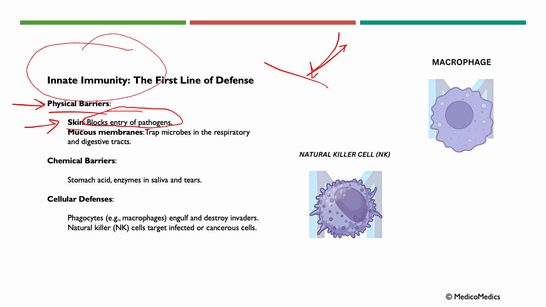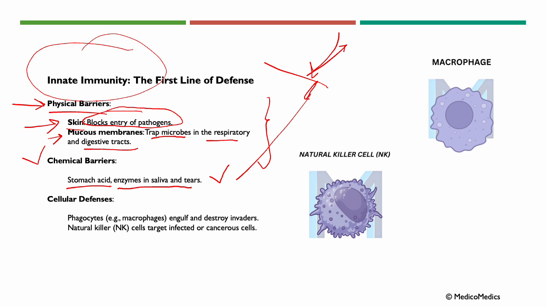We also have mucous membranes that trap microbes in the respiratory tract and in our digestive tracts. So these are some physical barriers. Then we have chemical barriers like our stomach acid. We have enzymes in our saliva and our tears. These also help break down and repel pathogens.